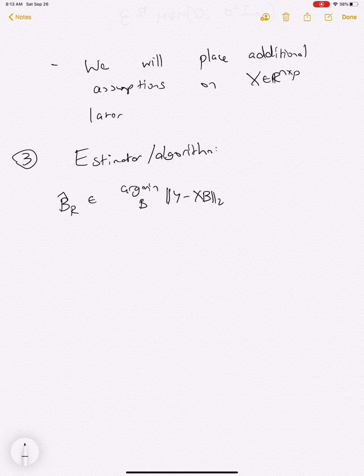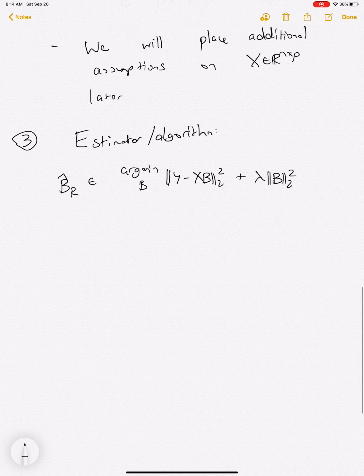Because we're dealing with a Gaussian linear model, the negative log likelihood is just the same as the least squares objective, and because we're in the setting where we're looking at the L2 norm, we're going to add the squared L2 norm for the regularization.